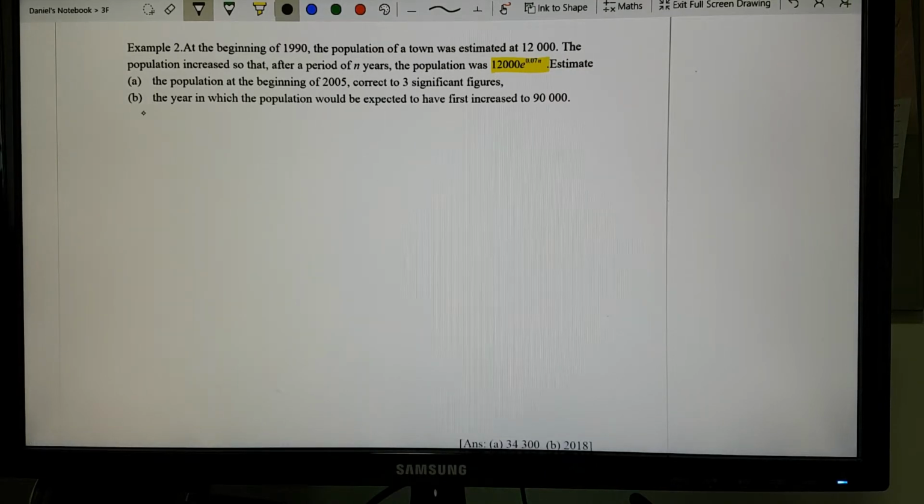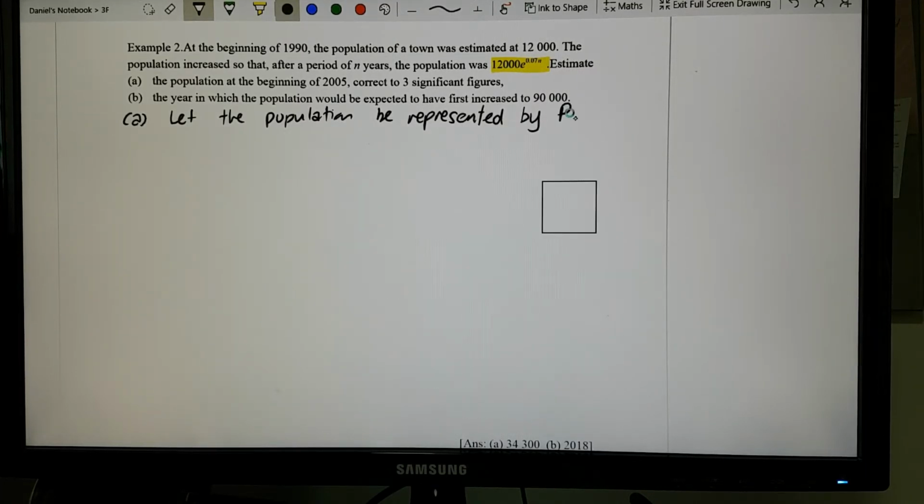We just have to let the population be represented by, obviously, P, because for population we use the capital letter P. So the equation we will have is P equals 12,000 e to the power of 0.07n.